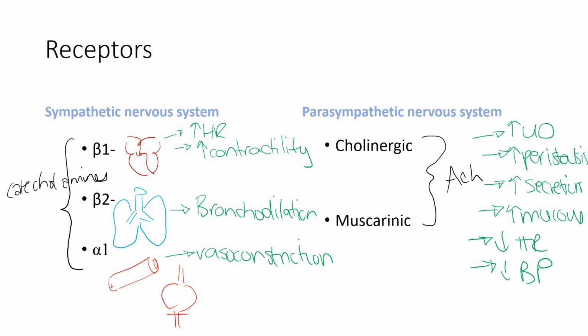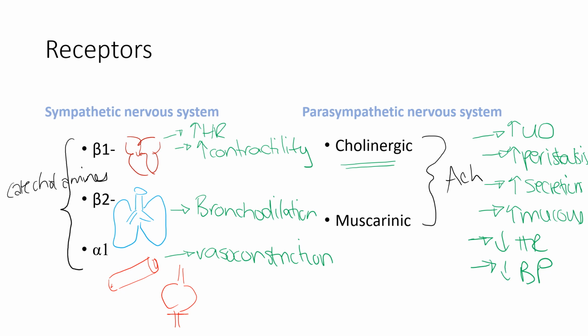And as we progress in the course, you might see that your patients will be receiving medications that are considered anticholinergics. And that's where it comes from. So anti these receptors.